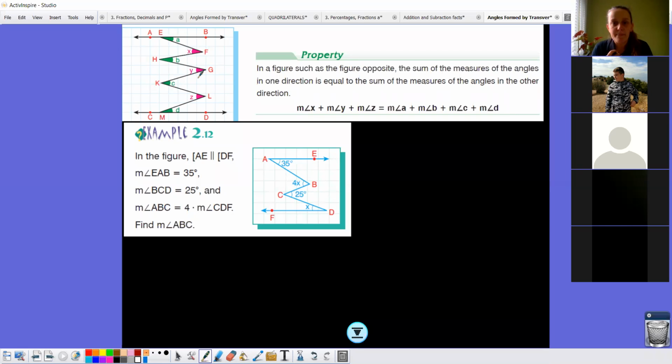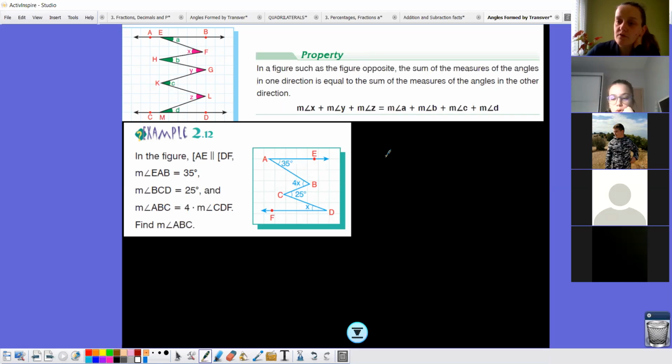Look here, we have X, Y, Z. They are on the same side and they are looking to the same direction. And their sum is equal to the sum of A, B, C, D, which are on the same side and have the same direction. For example, here, which angles are on the same side? 35 and 25.